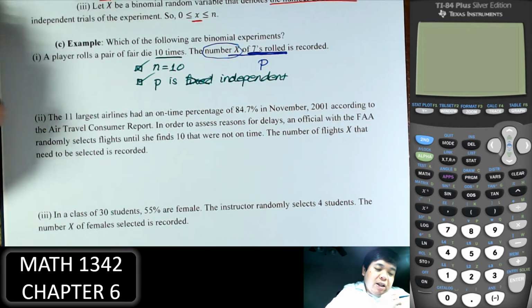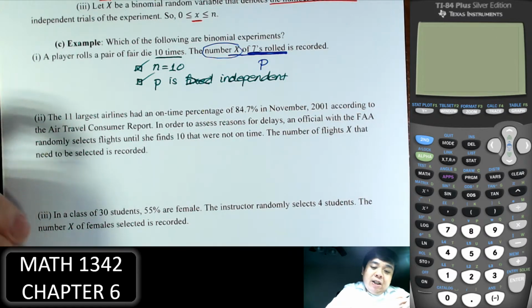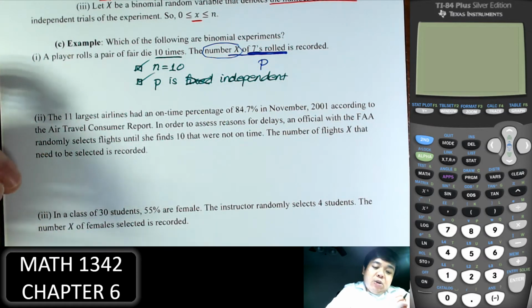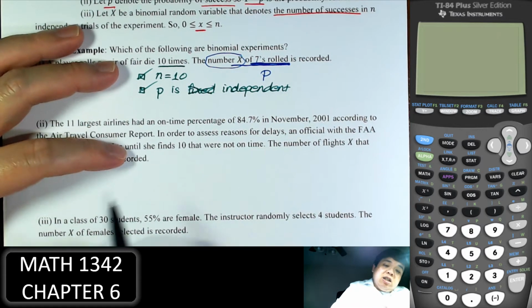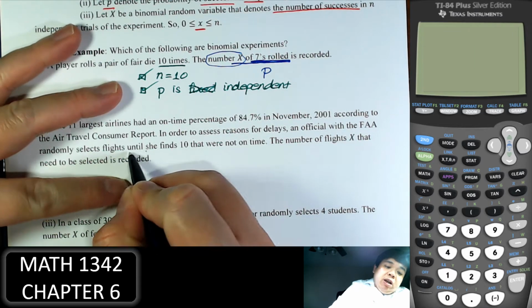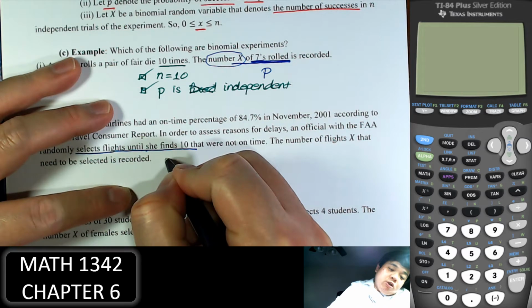Right, next, the 11 largest airlines had an on-time percentage of 84.7 according to some data. In order to assess reasons for delays, an official with the FAA randomly selects flights until he sees 10 that are late. Right, so this is not binomial because he selects until he sees 10, so there's no fixed number of trials.